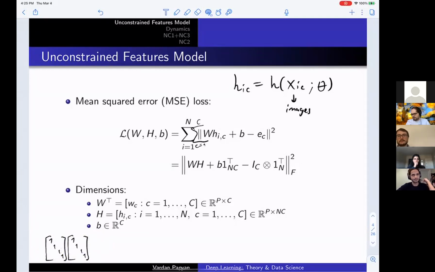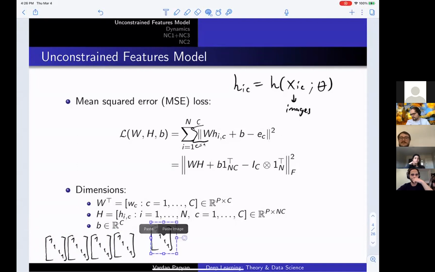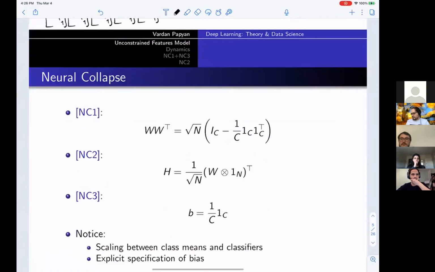You take this matrix and you just copy it 5 times, right? So you create this bigger matrix which just contains copies of an identity.